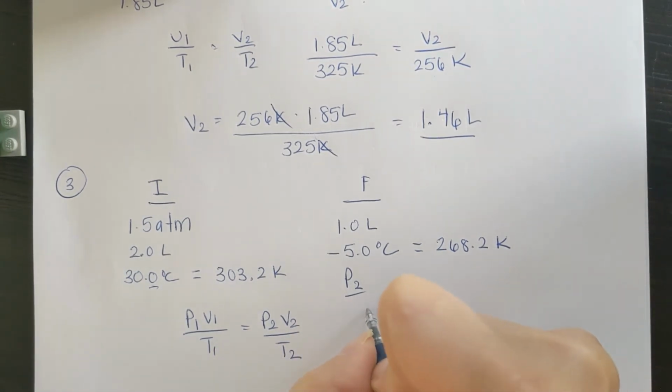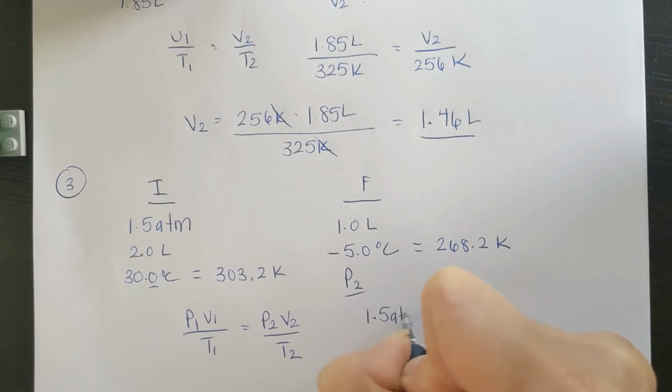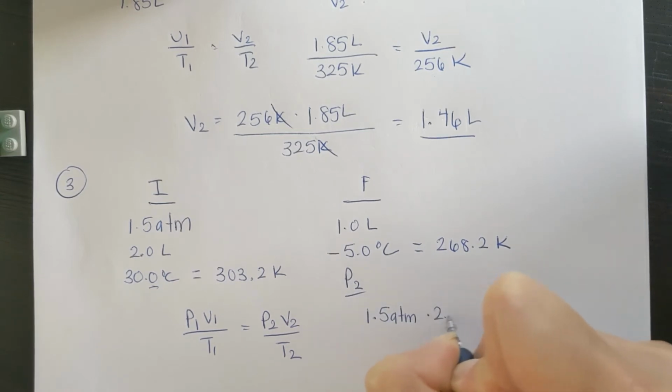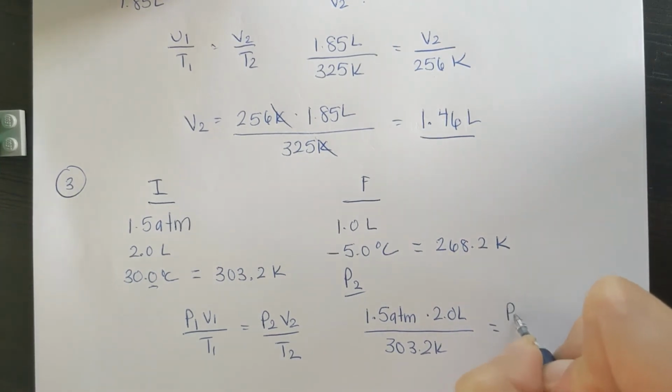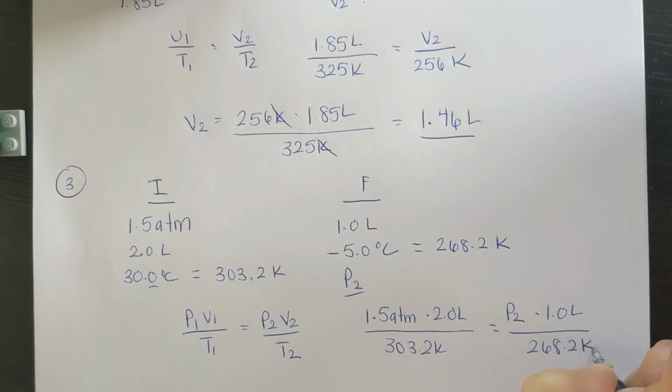So we have 1.5 atmospheres, and we have 2 liters, and we have 303.2 Kelvin equals, so now on this side, our P2 we are solving for, so we'll have P2 times 1 liter divided by 268.2 Kelvin.